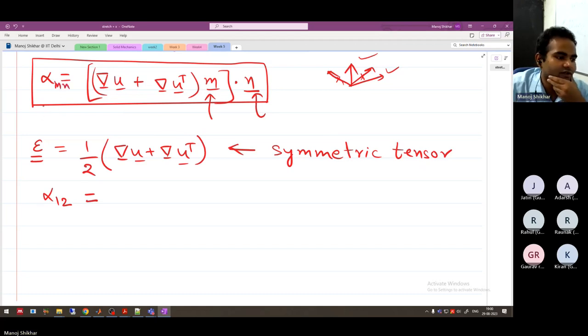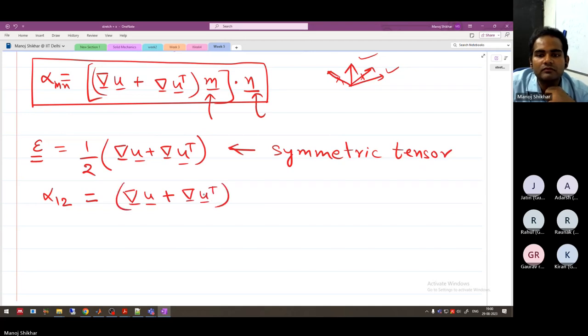If I want to find alpha 1 2, what will I do? Instead of m, I will replace it by e1 and I will replace n by e2.